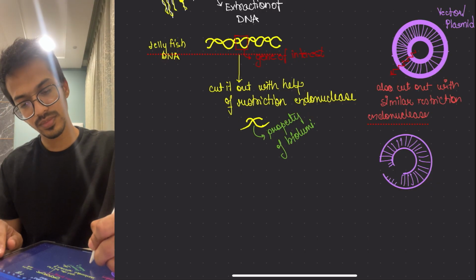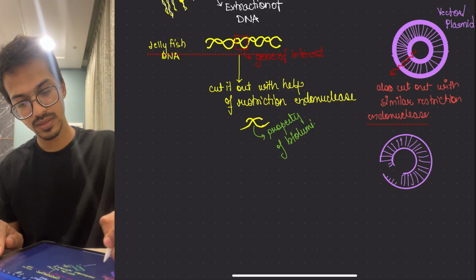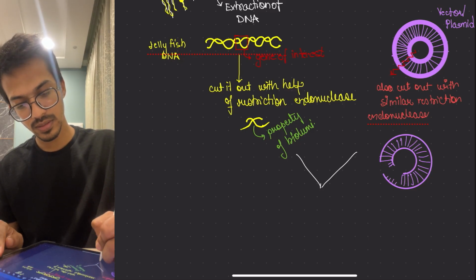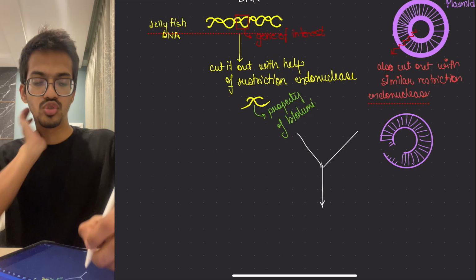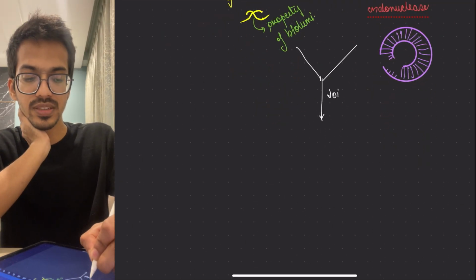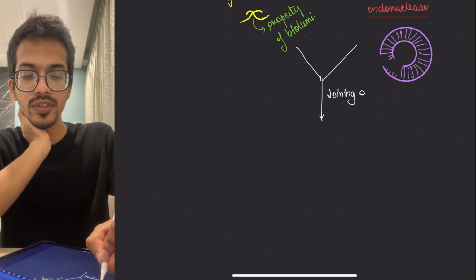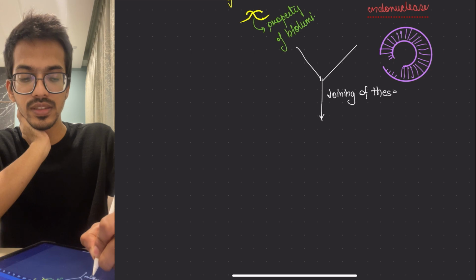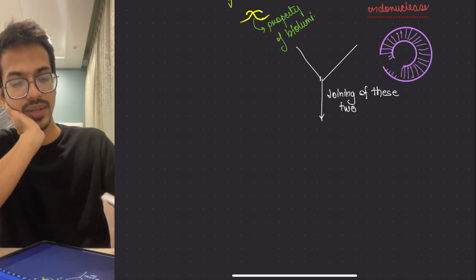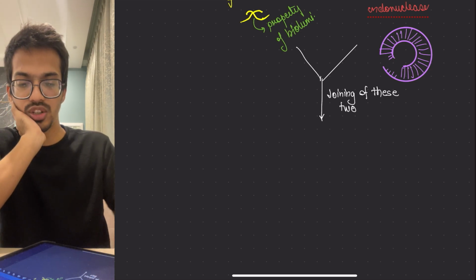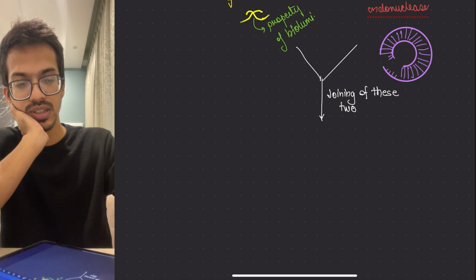So the next step is joining of these two segments, the plasmid and the gene of interest. So let's just make it.